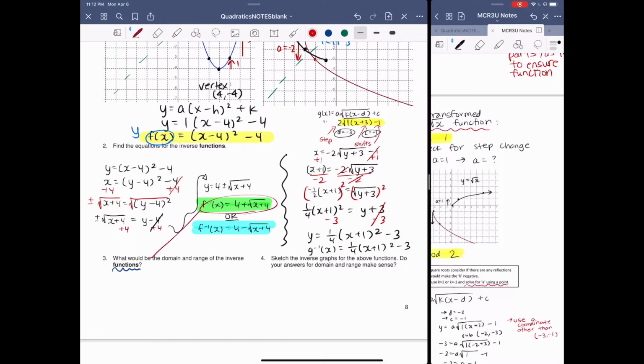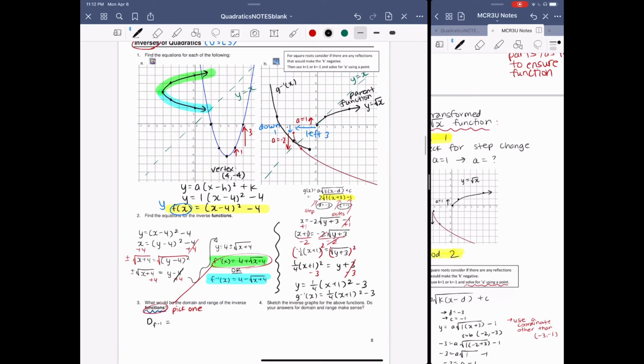Because it says function, I'm going to pick one and state the domain and range. I'm going to write the domain as D, and you're always going to write the subscript. So D of F inverse equals, so that way we know what you're finding the domain of. Domain of F, domain of G, domain of G inverse.